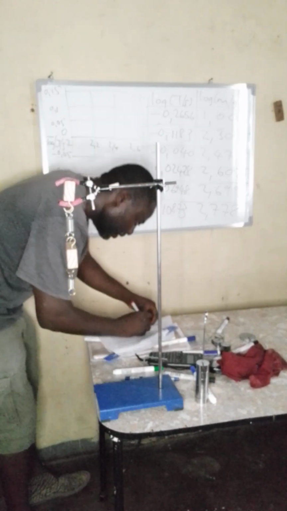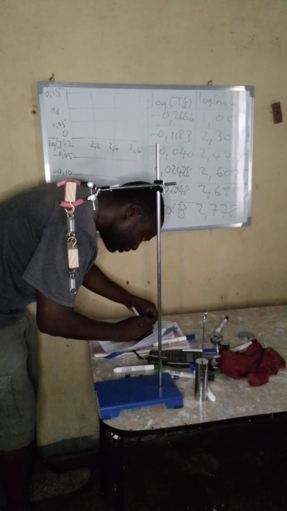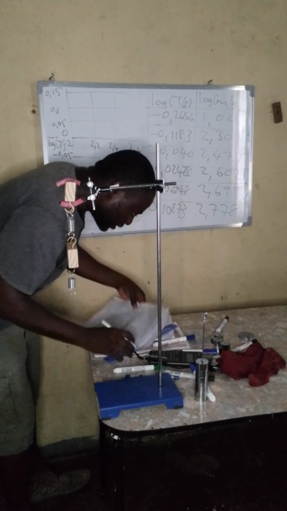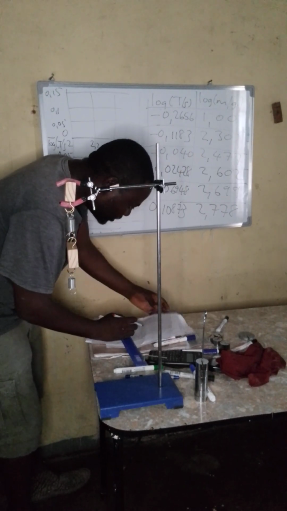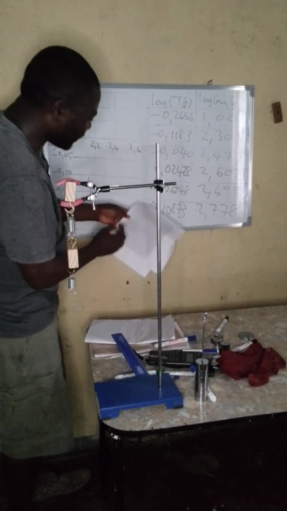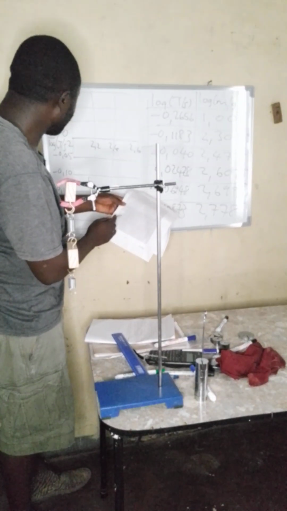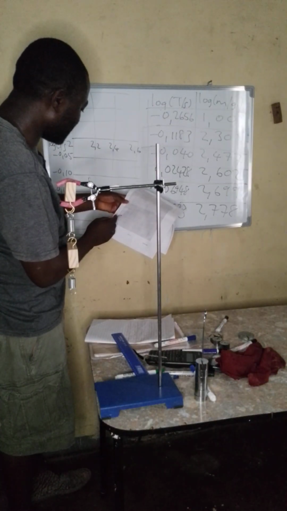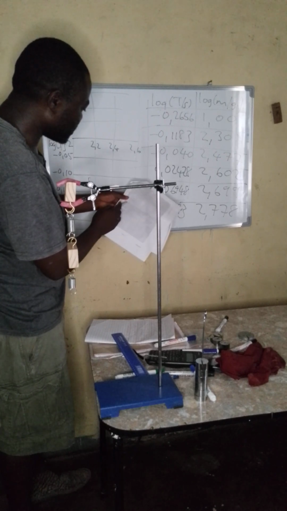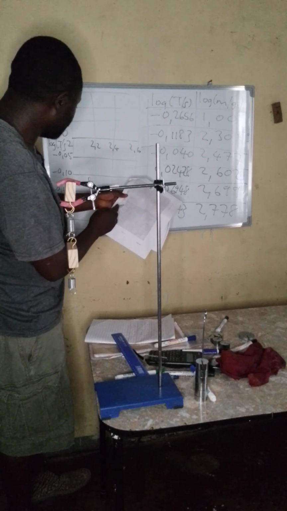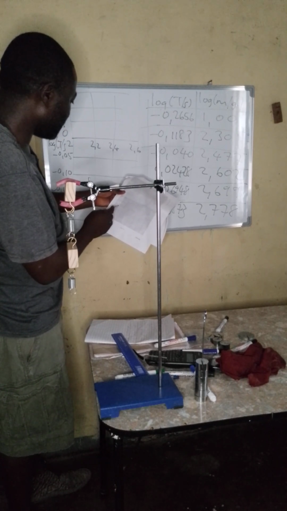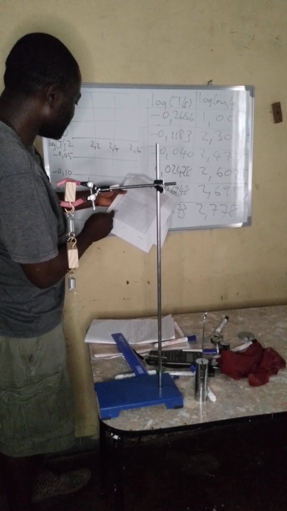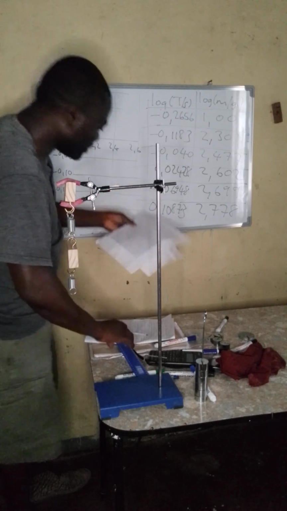So I'm going to label log t there in seconds. So 0, 0,05, 0,1, 0,15, 0,2, 0,25, 0,3.